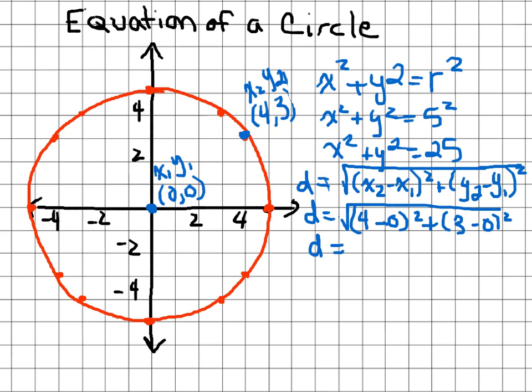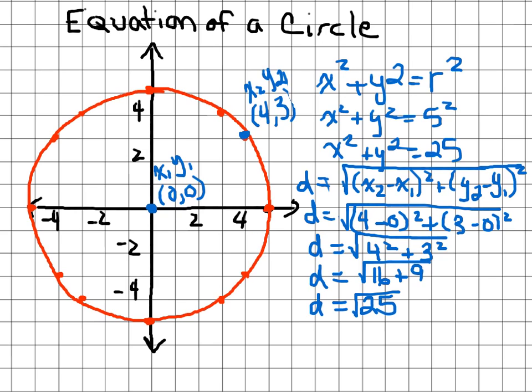So my distance is equal to the square root of 4 squared plus 3 squared, which is the square root of 16 plus 9, which is the square root of 25, which is 5.